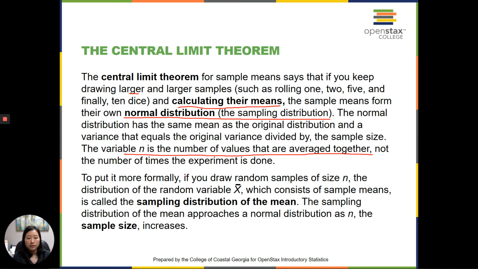So formally, we can say if you draw a random sample of size n, the distribution of the random variable x bar, which consists of sample means, is called the sampling distribution of the mean. A sampling distribution of the mean approaches a normal distribution as n, the sample size, increases. So this is exactly why when we are reading any kind of study, we need to pay attention to the sample size.